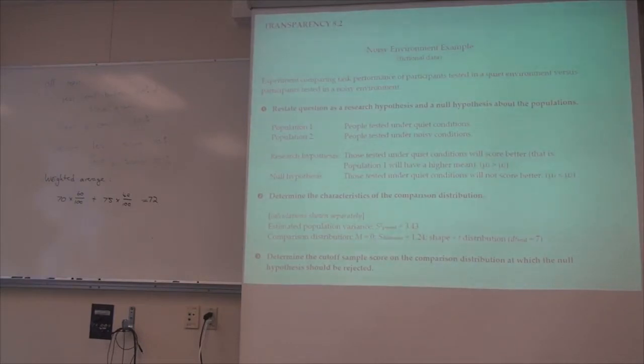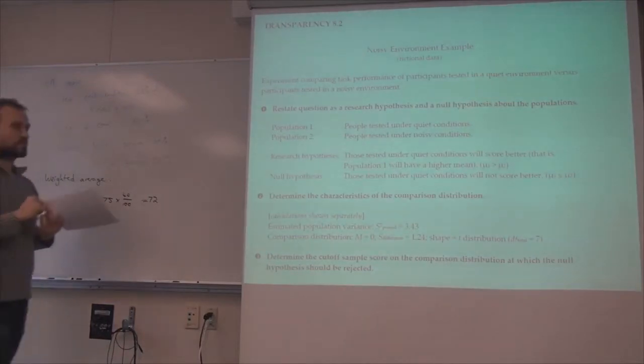Now we're going to do the same thing when I estimate the variance, in that I have samples of different sizes. If I calculate the sample variance from each one, and I want to pool them together to give me a population variance estimate, the bigger sample should have a little more say in what the variance is. If I have a smaller sample, it shouldn't have as much say.